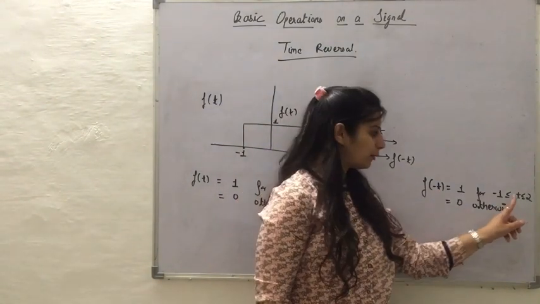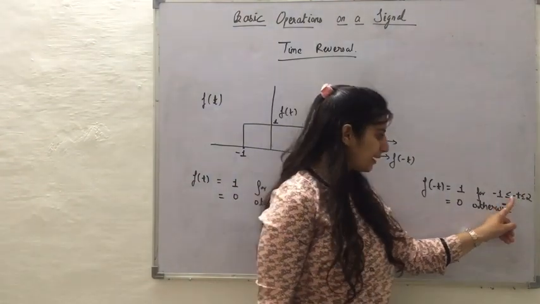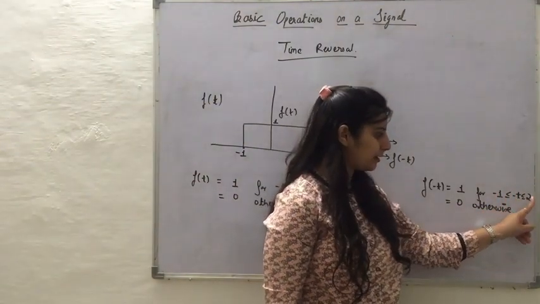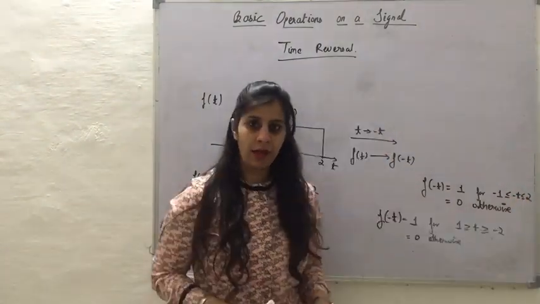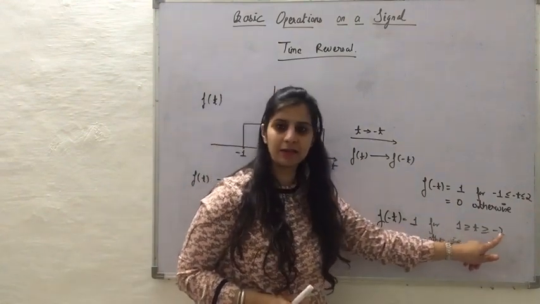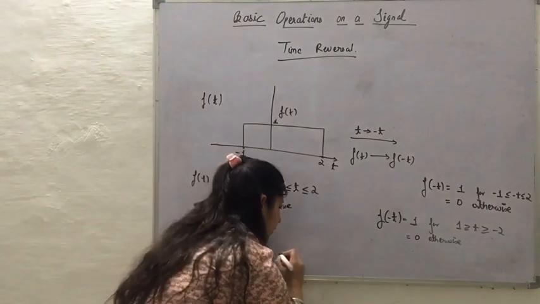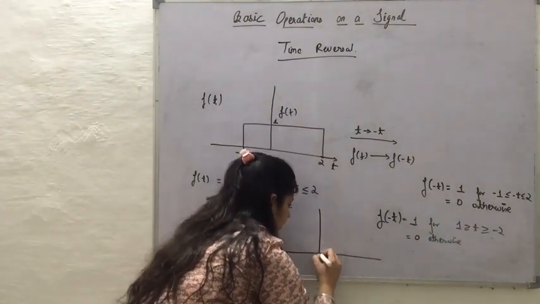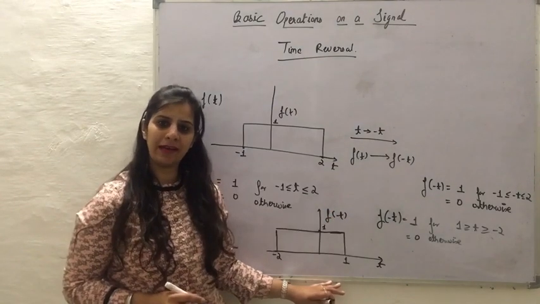Let's now look at how this negative sign would affect these values. So when I take this negative sign on this side and on this side, these signs will also change. f of minus t will now be 1 for the time duration -2 to 1. So the signal will now look like this.